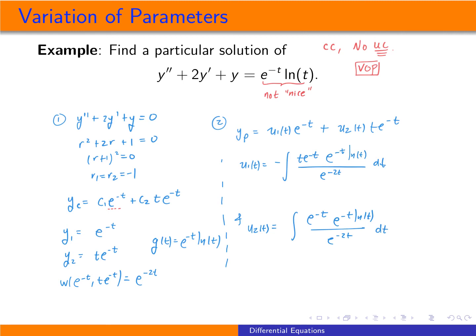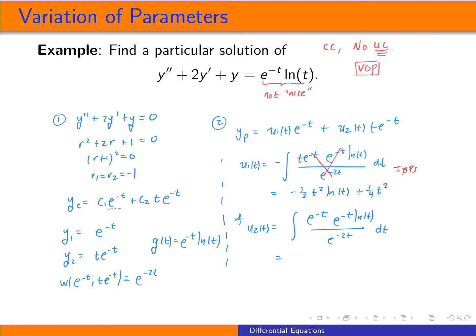And note in this case, because I'm trying to illustrate the method of variation of parameters, I'm not going to go through all of the details with the integrals, but I will note they actually work out much better than maybe expected by first glance. So all of the exponentials cancel, and we're left integrating t natural log of t. So one application of integration by parts would allow you to get this integral as minus 1/2 t squared natural log of t plus 1/4 t squared.